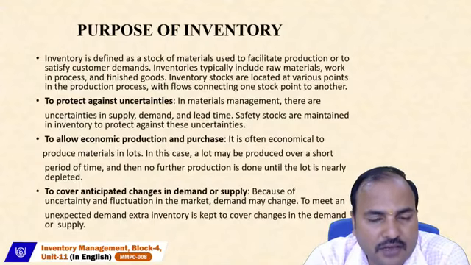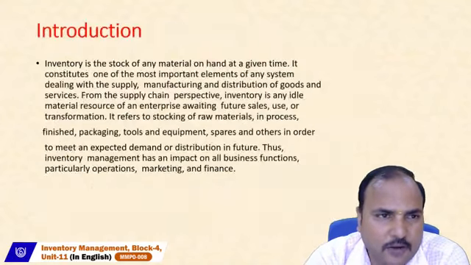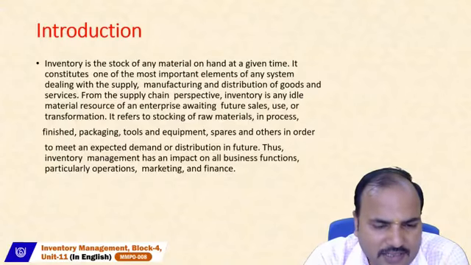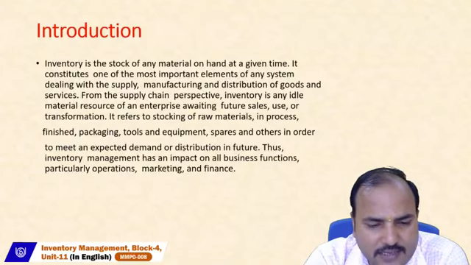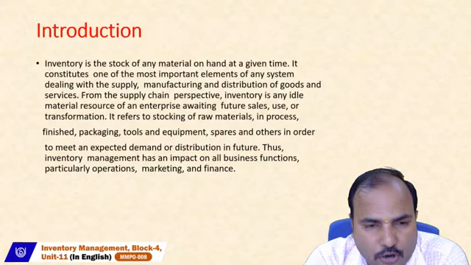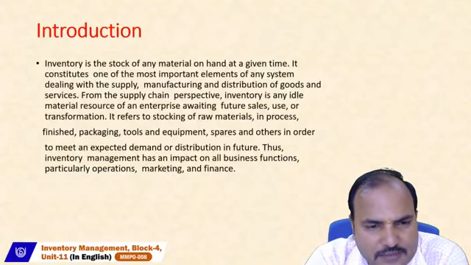Then the purpose of the inventory. Before going to the purpose of inventory, from the introduction part, what is the definition of inventory management? We can say inventory management is the system companies use to source, store, and sell inventory, both raw materials and finished goods.